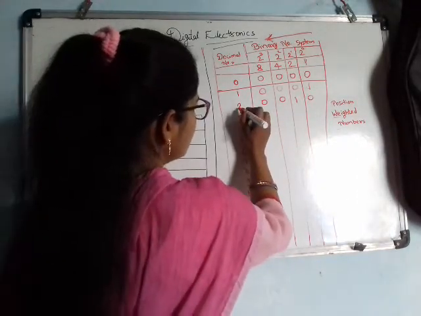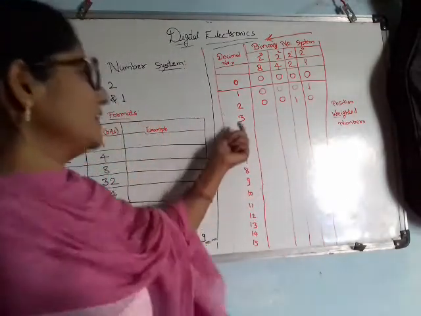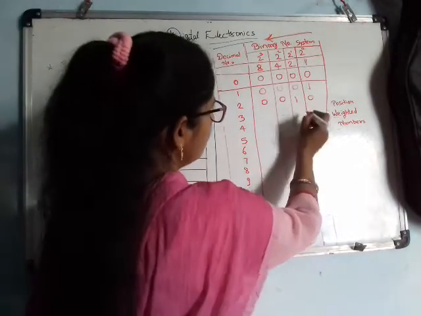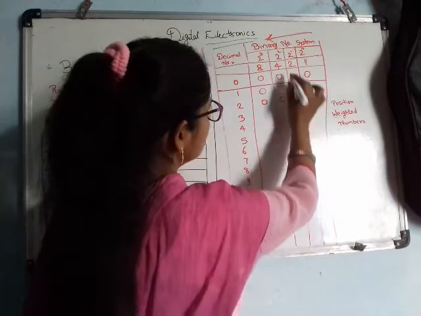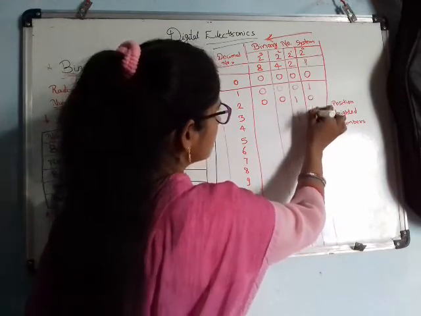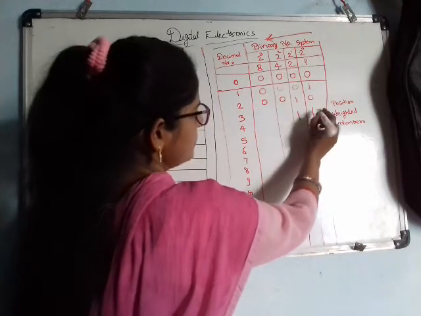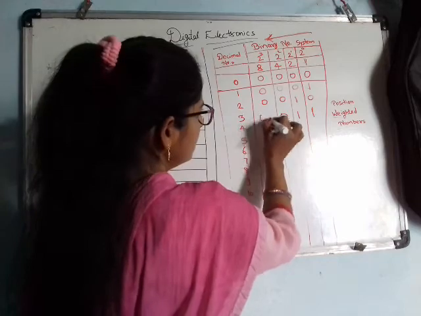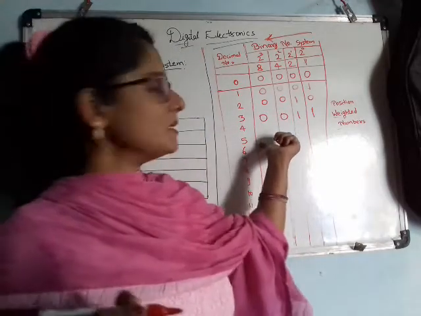Now for writing 3, the combination comes. Write 1 at the positions of 2 and 1, since 2 plus 1 equals 3, and the remaining rows become 0.